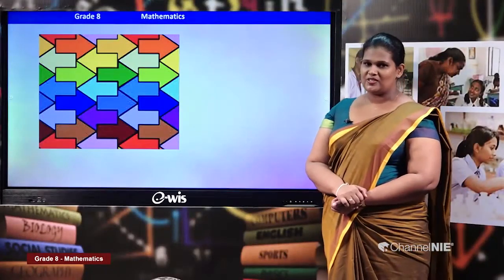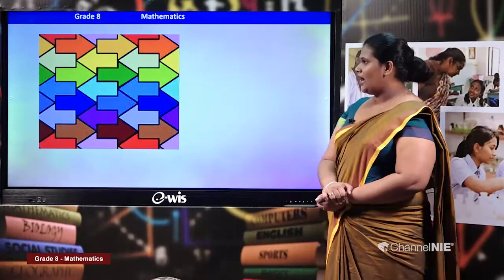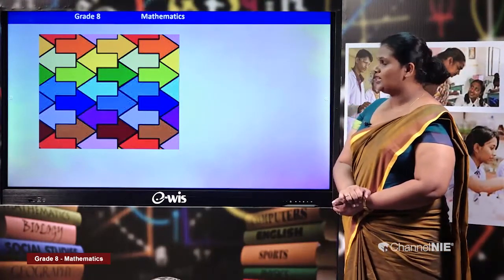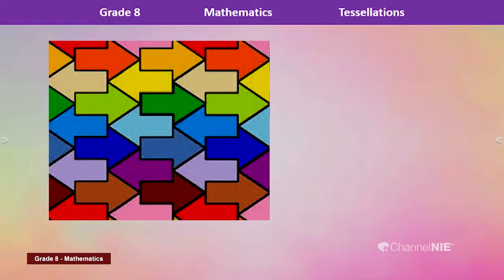Now, what can you say about this one? At once, when you just look at the picture, you might think, oh, they have used 2 different patterns or 2 different shapes in this pattern or in this tessellation. We will see, have they used 2 different shapes? I am having doubt on that. We will see, this is the shape that they have used. Isn't that so? So, what about the other shape you can see?